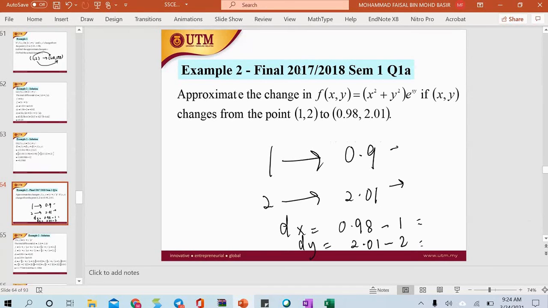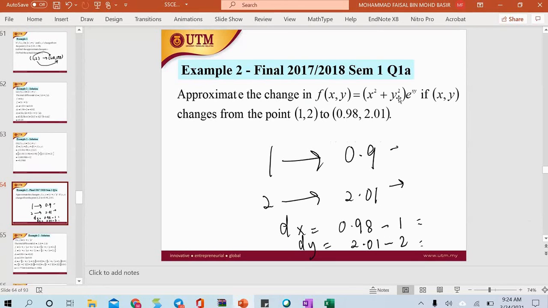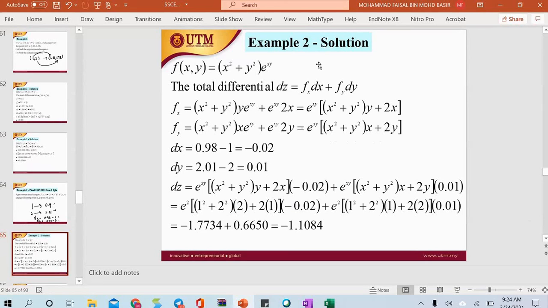So approximate change means you have to find the total differential. We have now xy, right? So the formula will be fx dx plus fy dy. You know how to differentiate this. You have to use the product rule because we have two functions here. You can differentiate this on your own.